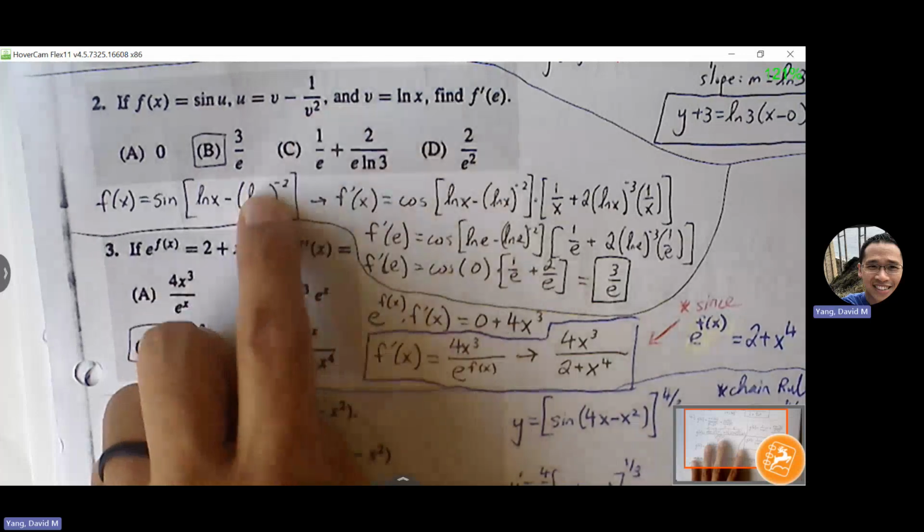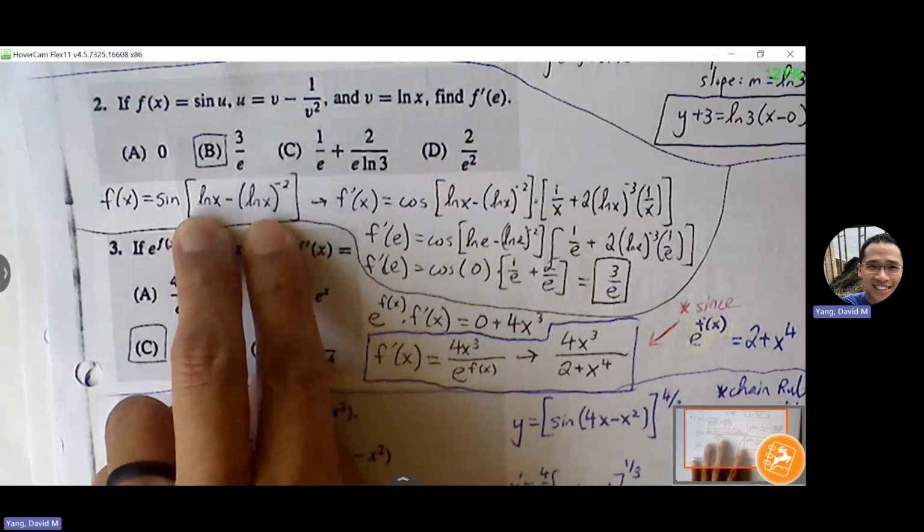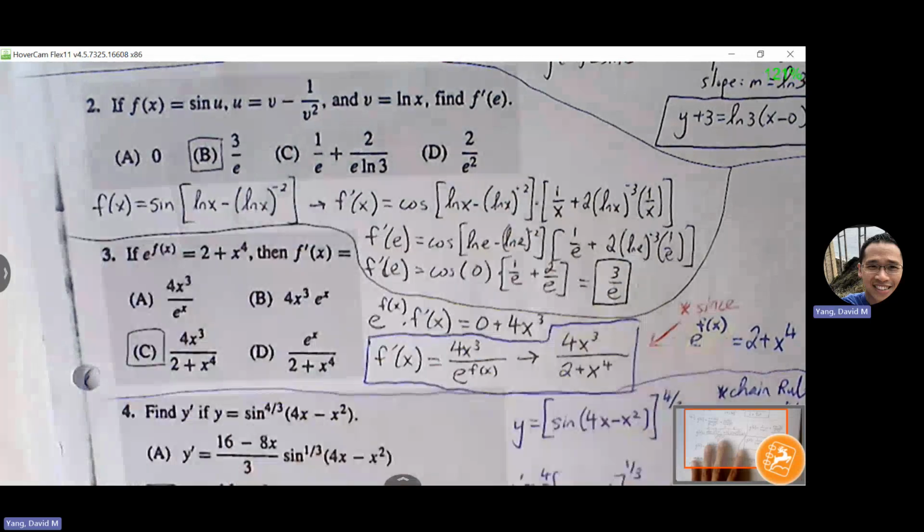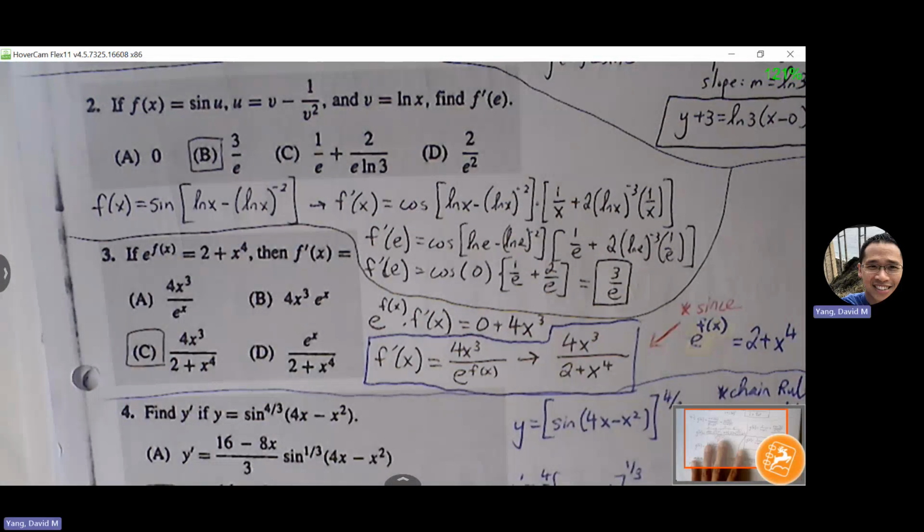I brought that up to the top so I can get ready for what I want to do with chain rule here. The big chain rule here is sine of u becomes cosine of u times u prime. And u prime is where I have to dig into each of these terms and figure out the appropriate derivative. This is 1 over x, but this is chain rule here.